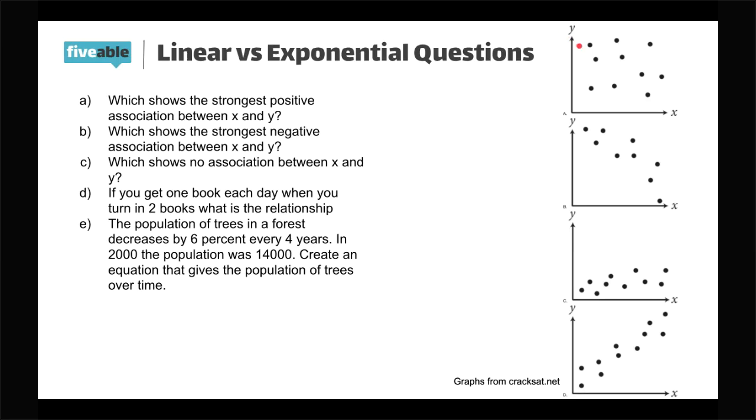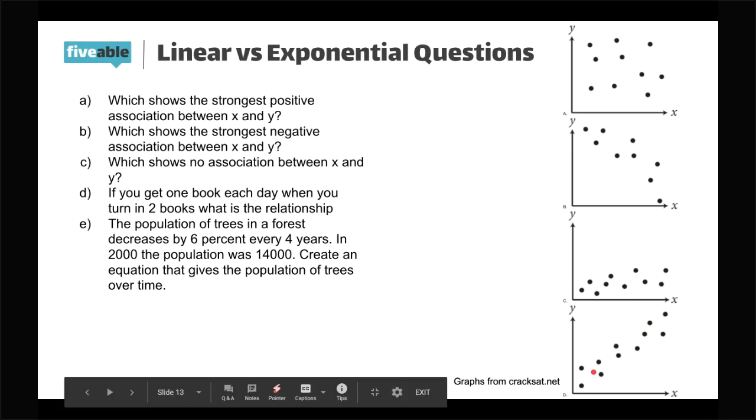I don't see any positive slopes or negative slopes, so I don't see any association here. So that means C is A. We go here. Okay, we've got some pretty good negative correlation. All right, we've got some small positive correlation. And here we've got the strongest positive correlation. So A is D, B is B, and C is A.